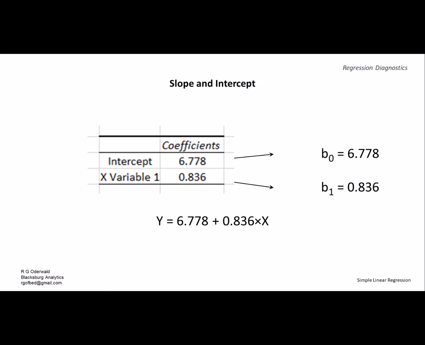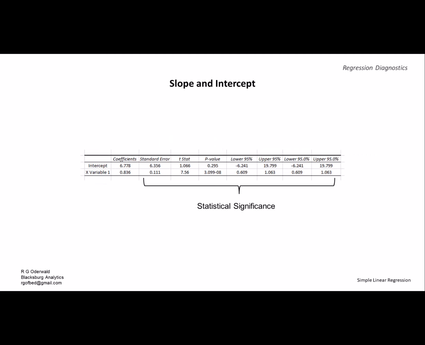There's only one independent variable. All other entries in the slope and intercept rows concern the statistical significance of the intercept and slope. If you're familiar with t-values and p-values, you can use them for tests of significance.